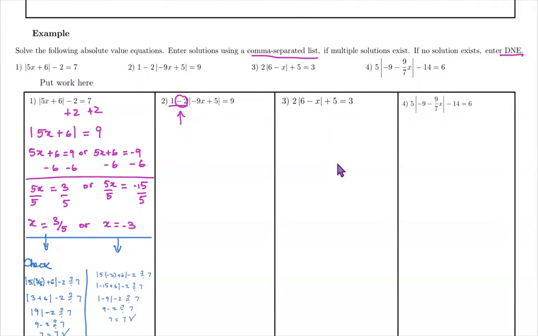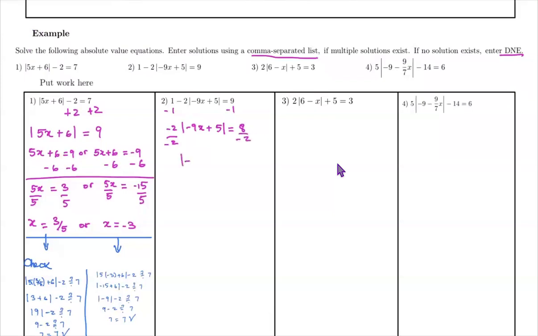And to cancel that 1, you should subtract it on both sides. So pay attention to this. So that is -2 absolute value of -9x plus 5 equals 8. Then we divide by -2 on both sides.